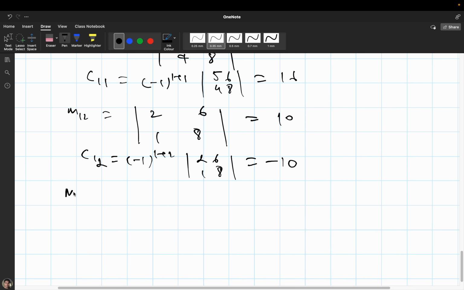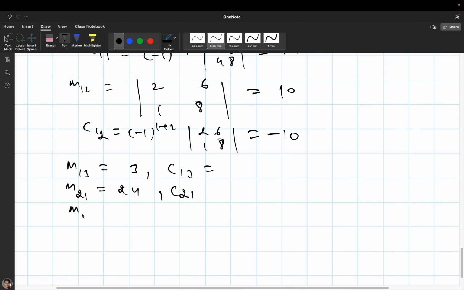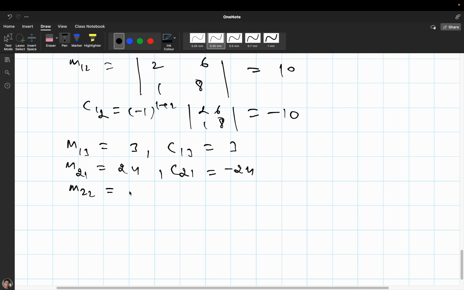Similarly, if I want to calculate C13, M13 is 3, so C13 will be 3. If M21 equals 24, then C21 will be minus 24. What is M22?